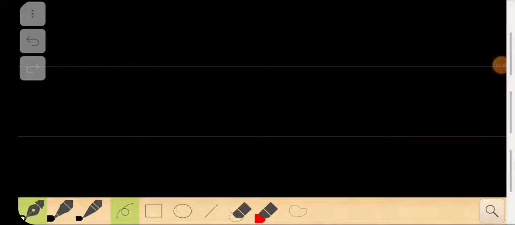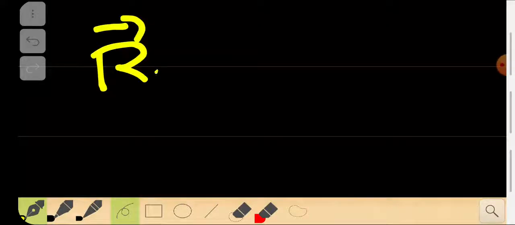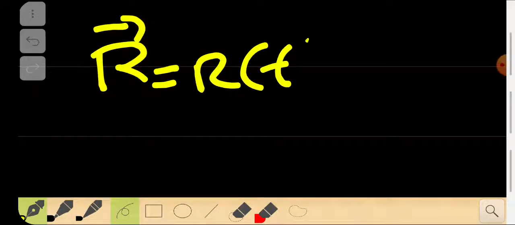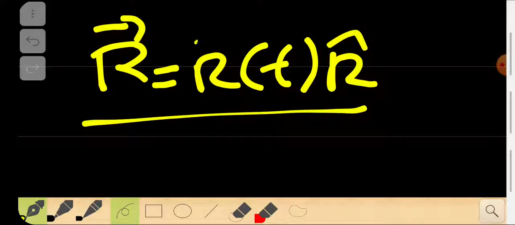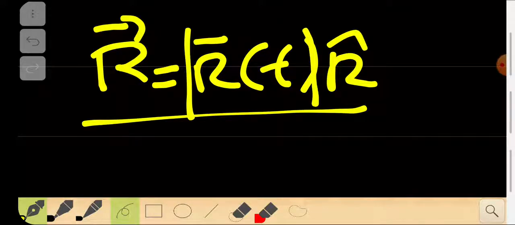So far we have learned the most important factors that we need to use. A vector r can be written as r of t times r cap, a basic representation of a vector, where r of t is the magnitude.